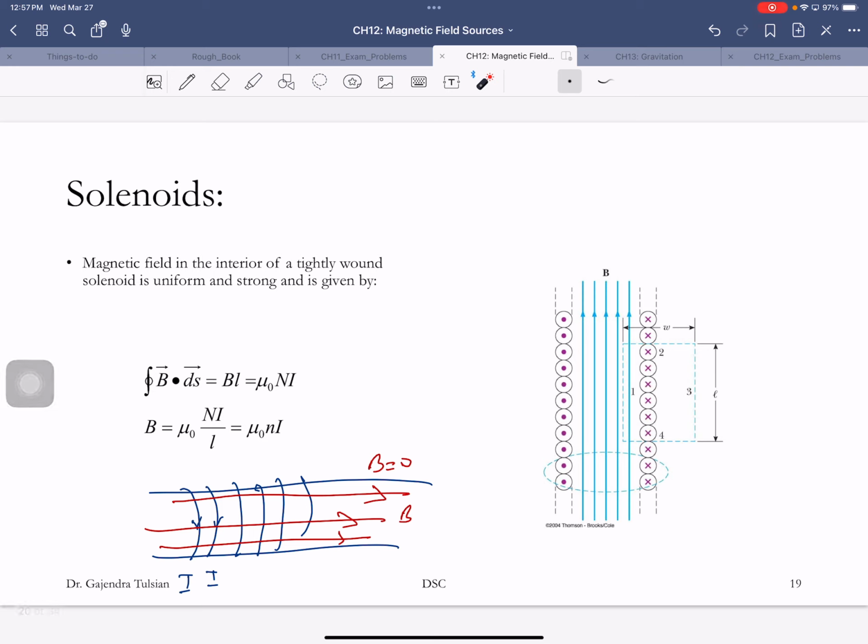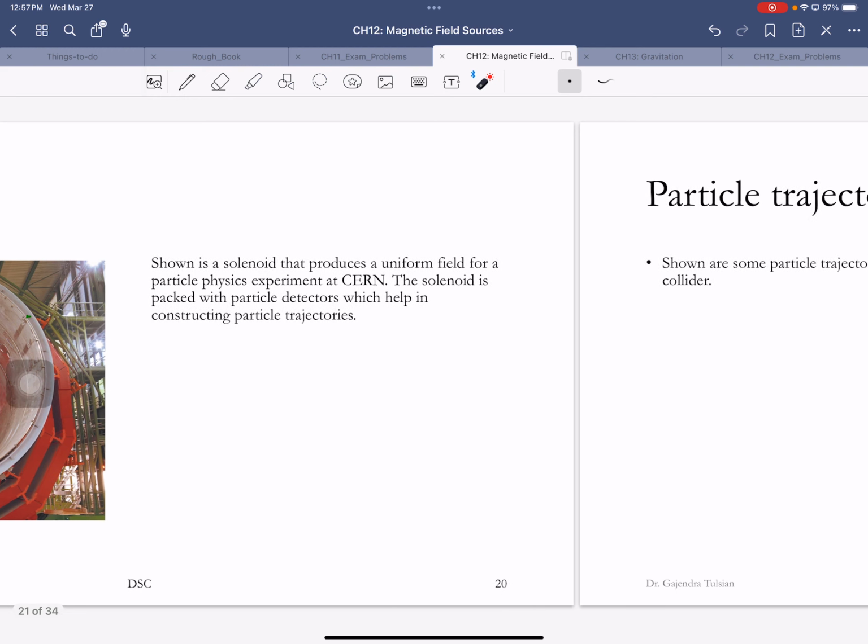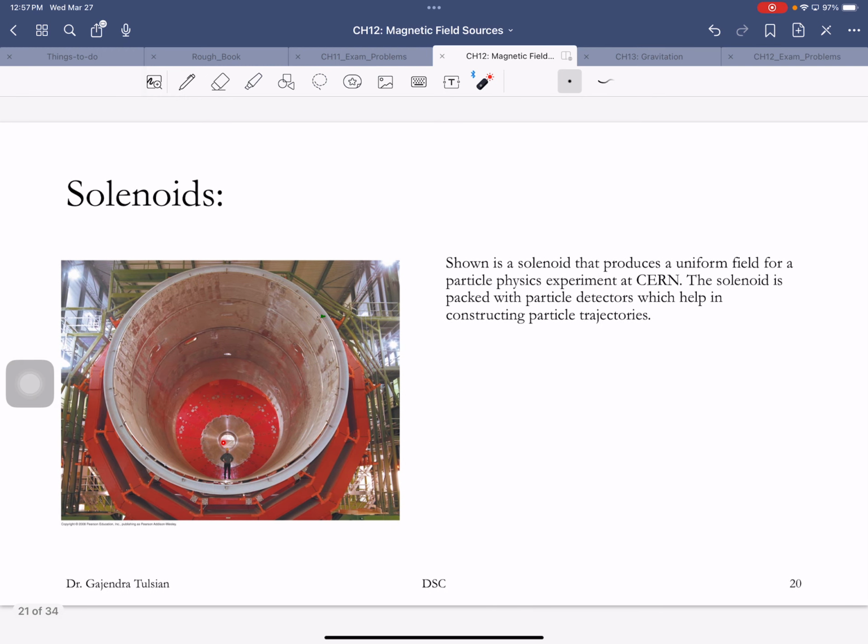So there's the cylinder, you wound wire around it, passing current through the wire, and it's producing a uniform magnetic field through it. And you pack this whole thing with particle detectors. So when this is all packed, that's where the proton beam is coming through, and there's an opening on this side, so the proton beams come and collide in the middle of the detector.